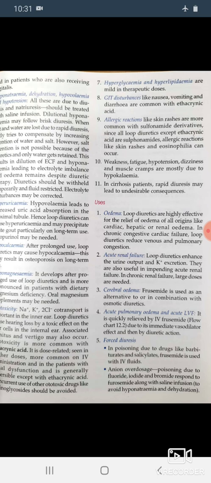The fourth use is acute pulmonary edema and acute left ventricular failure. The left ventricle has the role of passing the blood into the circulatory system. So when it fails, what happens? It cannot eject the blood into the circulatory system. So the left atrium cannot be emptied into the left ventricle.